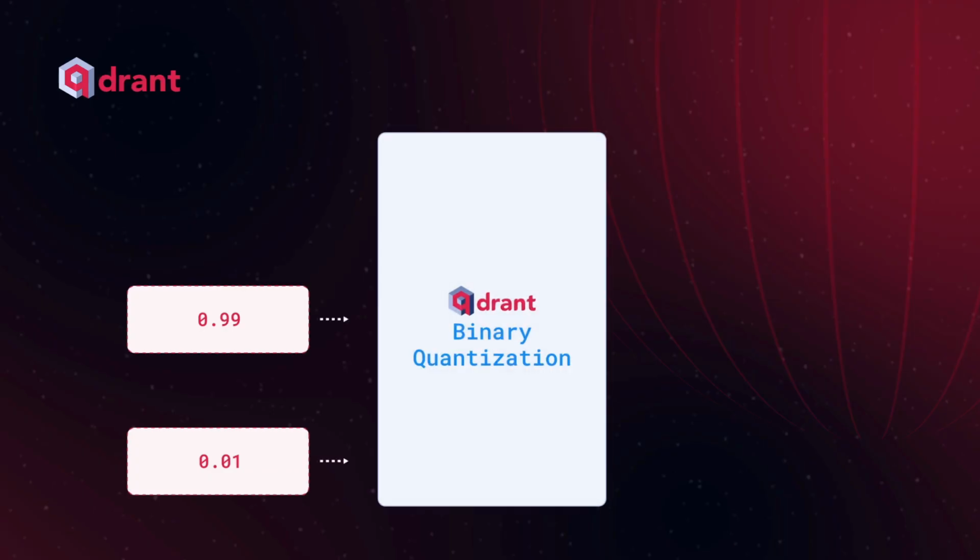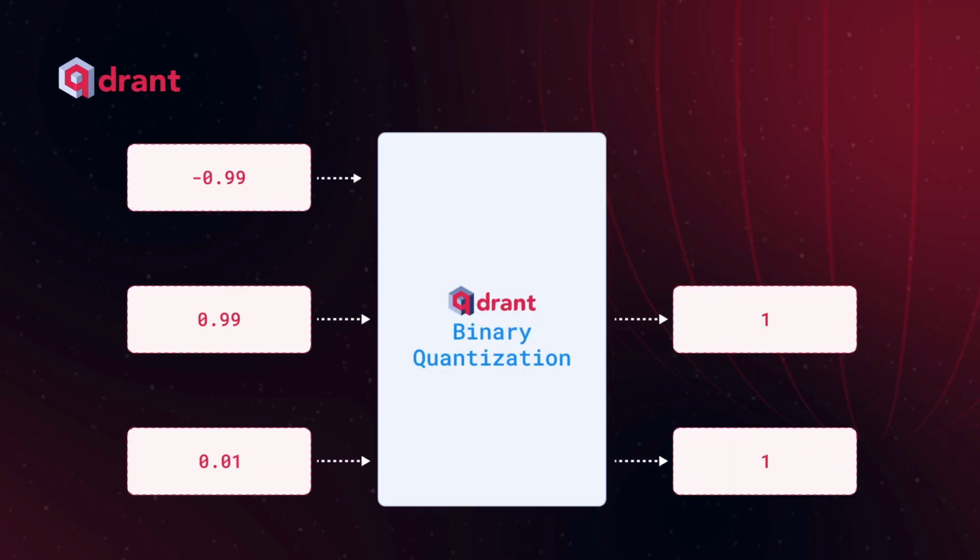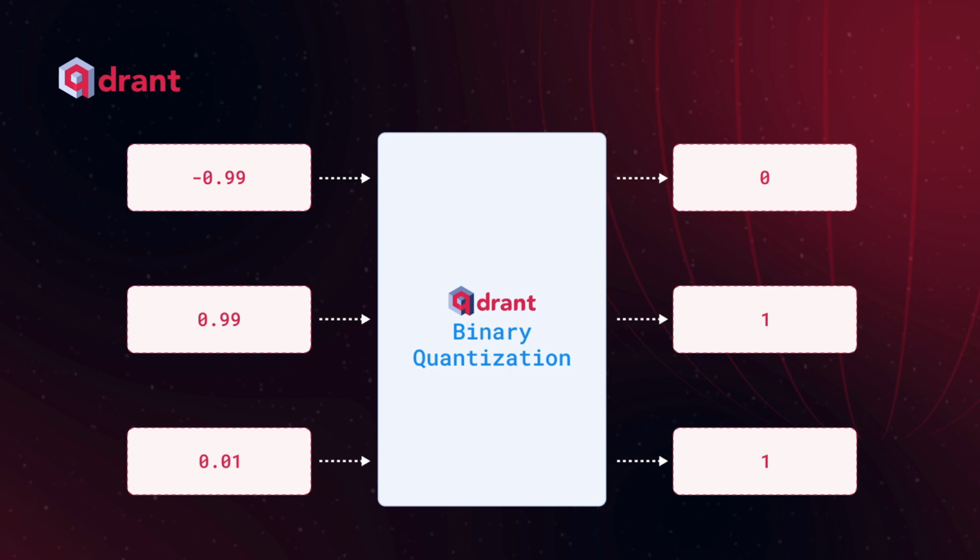The way binary quantization works is by converting high-dimensional vectors into simple binary representations, 0 or 1. Values greater than 0 are converted to 1, and values less than or equal to 0 are converted to 0.